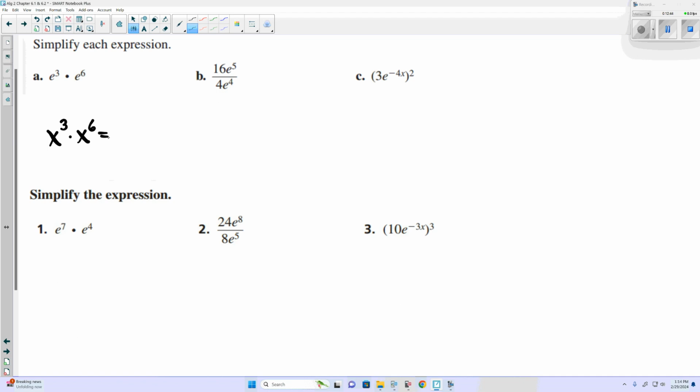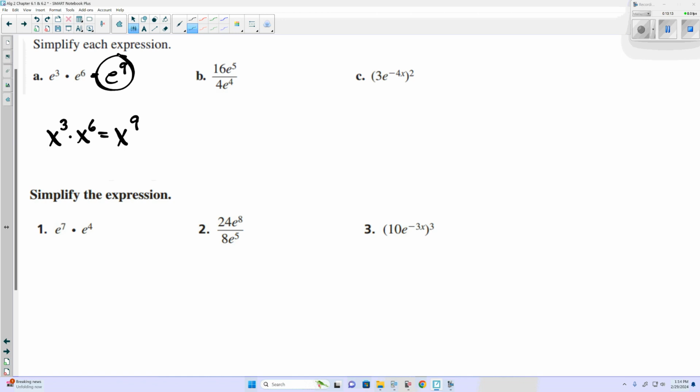What would x to the third times x to the sixth be? x to the ninth, because whenever we multiply like bases, we add the exponents, yes? Well, what's e to the third times e to the sixth going to be? Even though e does have a value, for when we're multiplying it like this here, we can treat it like a variable.